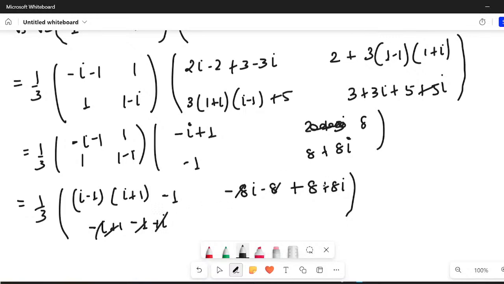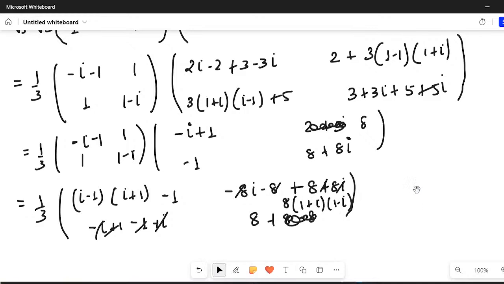So all we are getting is 0 only here. And this is 8 plus 8, 1 plus iota into 1 minus iota, right? This is how you are getting it.